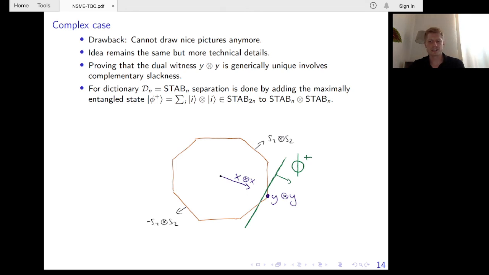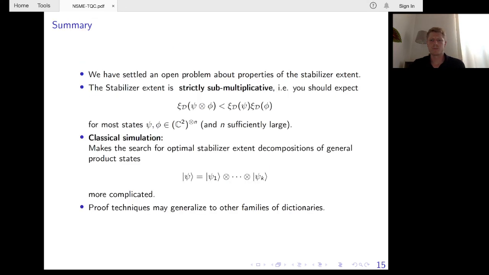Okay, so now let's summarize our results. What have we done? We've settled an open problem about the properties of the stabilizer extent. What does this mean? The stabilizer extent is strictly submultiplicative. So you should expect, for most n-qubit states psi and phi, that the extent is strictly submultiplicative.